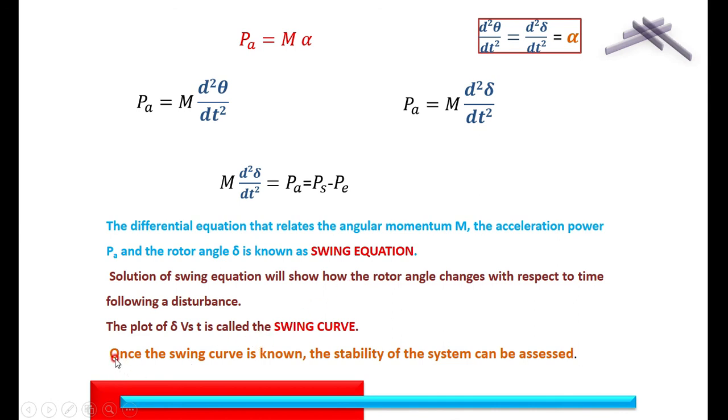Then if you draw the plot of delta versus t, it is called the swing curve. Once the swing curve is known, the stability of the system can be assessed. That is, whether the system is stable or unstable, we can judge based on the deviation of delta with respect to time.